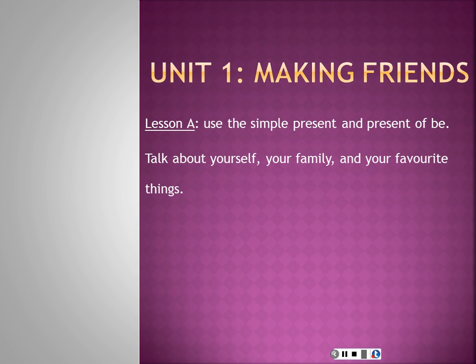If somebody asks you, tell me about yourself, what to say, how to talk about your family. Maybe you want to know something about the family of your new friend. Maybe you want to know the favorite things of your friend.